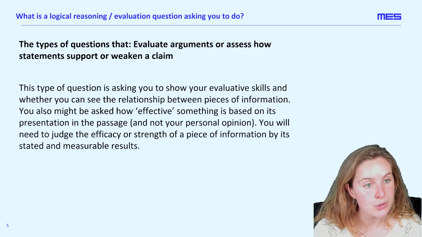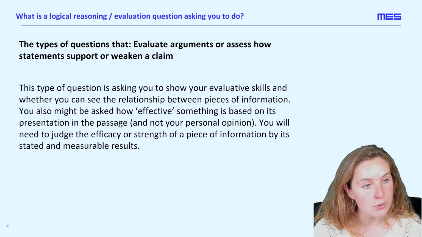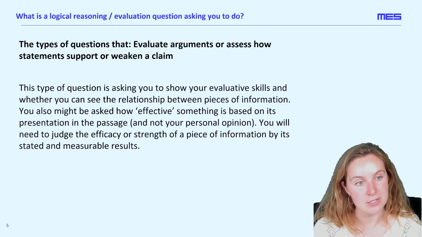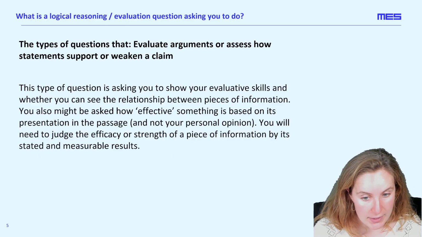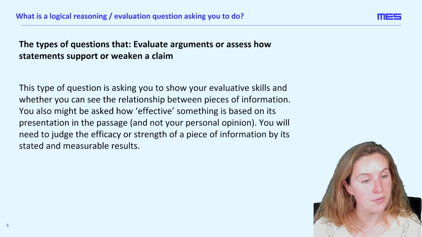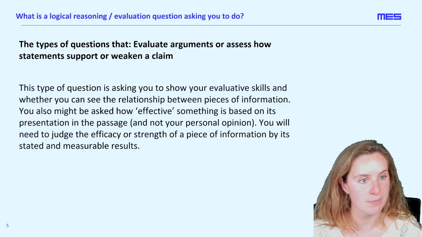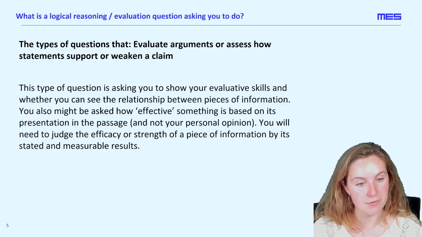So it requires you to evaluate the information you have and then determine the relationship between the statements you're given or the questions you're given and the passage and the information that you can logically conclude from the passage. So it's asking you to evaluate and to see the relationship between pieces of information, which is necessary when you're thinking about a career in medicine, and the relationship between seemingly diverse or seemingly linked pieces of information.